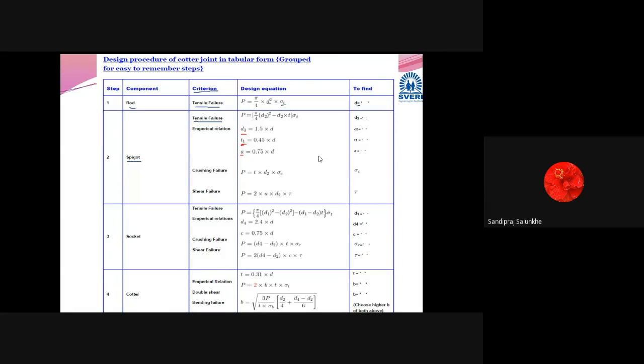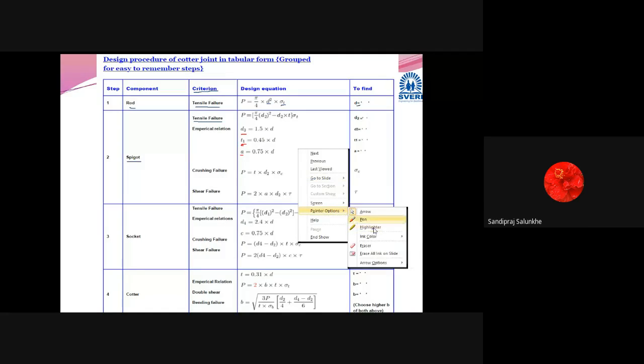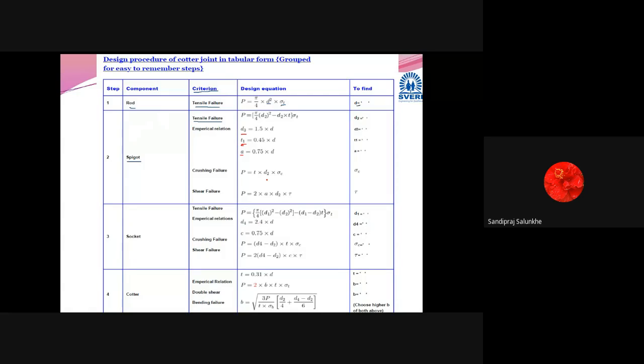Now next we have considered crushing stress as a failure pattern, where the crushing is occurring between the quarter pin and the slot which has been provided on the spigot for inserting that quarter pin. Over here is this region.